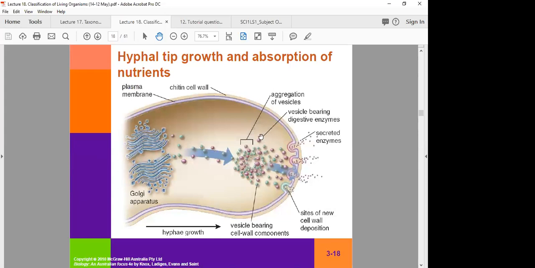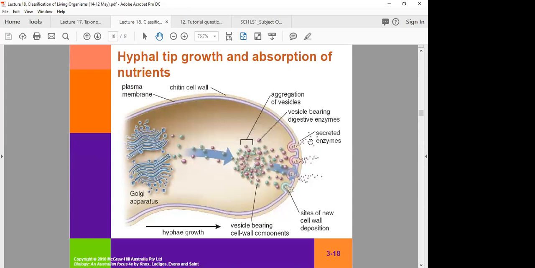Then we have another group of vesicles which are carrying digestive enzymes. So this is how the fungus actually absorbs nutrients from the environment. It secretes enzymes into the immediate environment at the very tip. So that vesicle, once again, has fused with the plasma membrane, releases those enzymes, and those enzymes will break down large compounds.